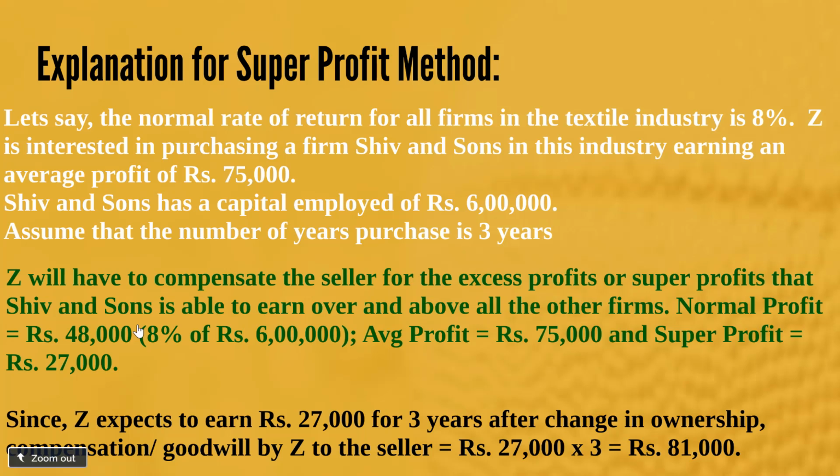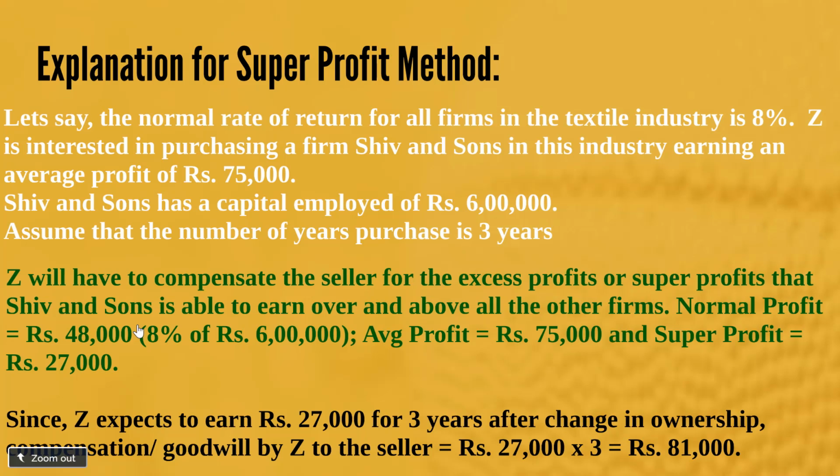However, the actual profit which Shiv and Sons is earning is equal to rupees 75,000. Therefore, the excess of average profit over the normal profit, the super profit, is equal to rupees 27,000. So Z expects to earn 27,000 rupees extra for the next 3 years after the change in ownership.